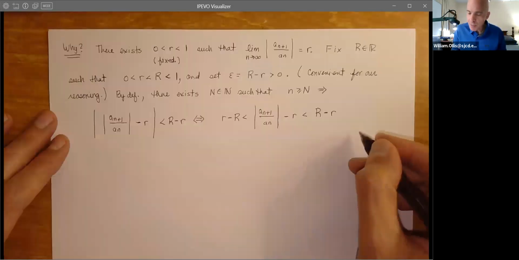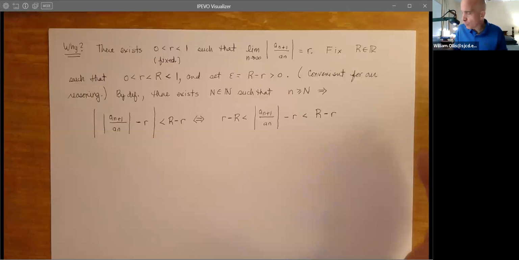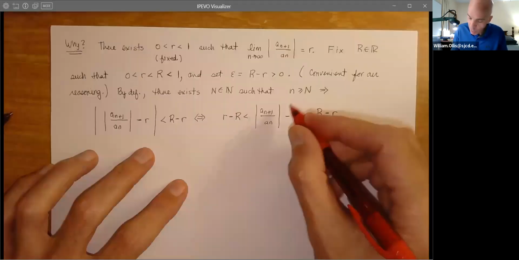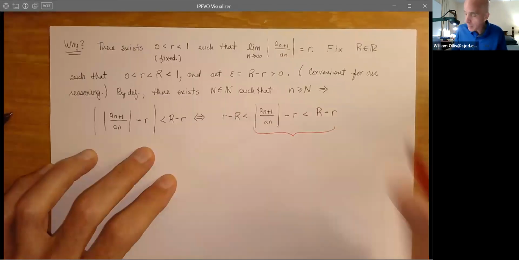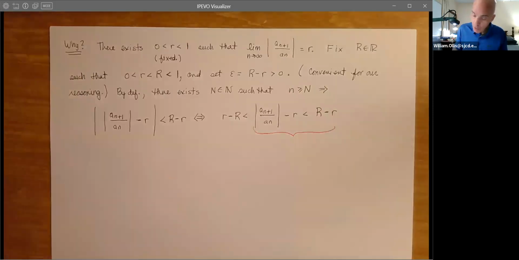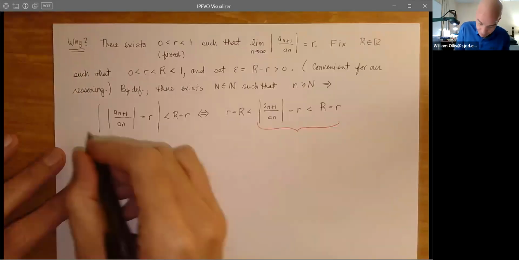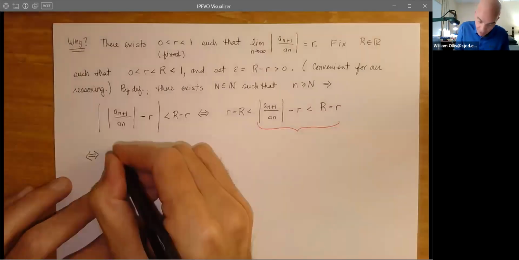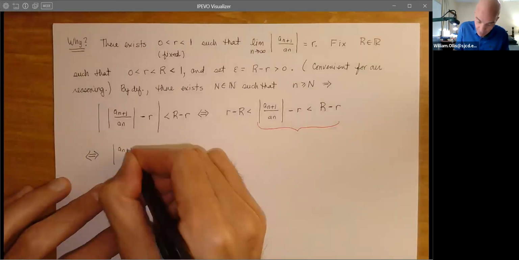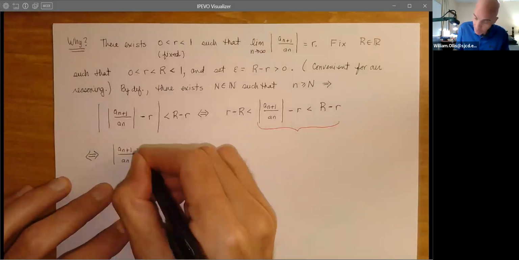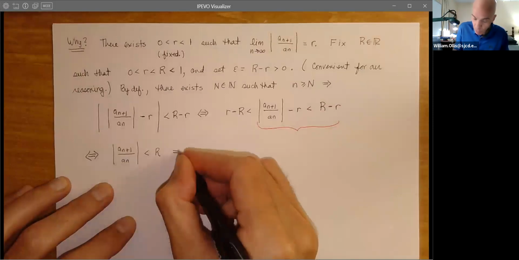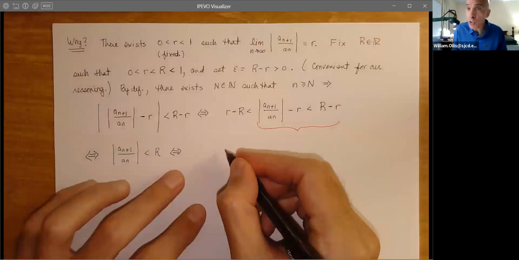Okay, so this is true, but not very useful. It doesn't mean we don't care about it, but it's not going to help us with our argument. So what we're going to do is focus on this part, like we did with the limit comparison test. So if and only if, notice the r's absorb, and we have the absolute value of a sub n plus 1 divided by a sub n is less than R. Okay, we'll keep going because we want to develop a recursion.